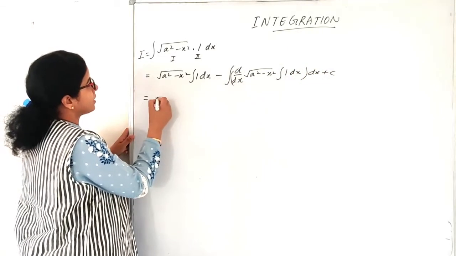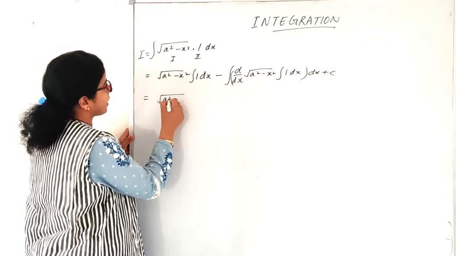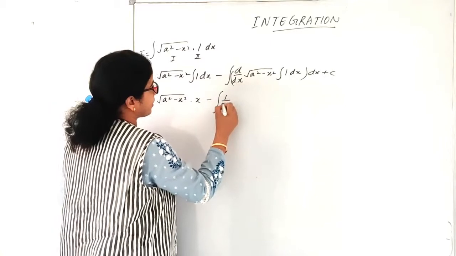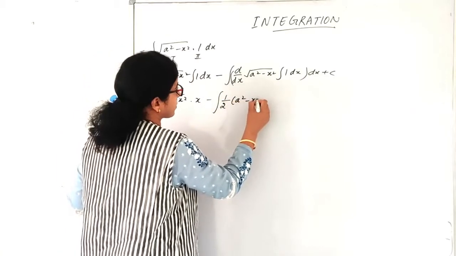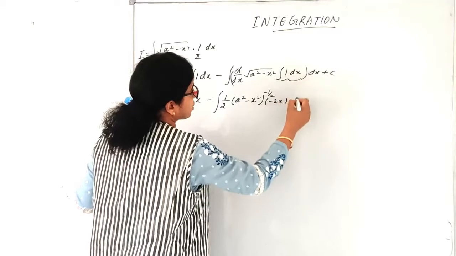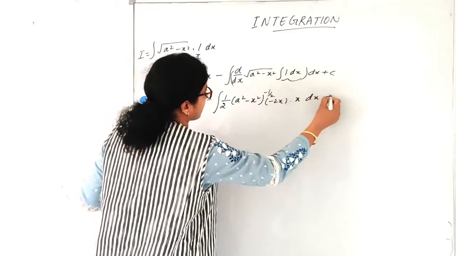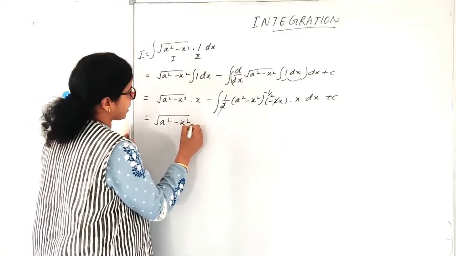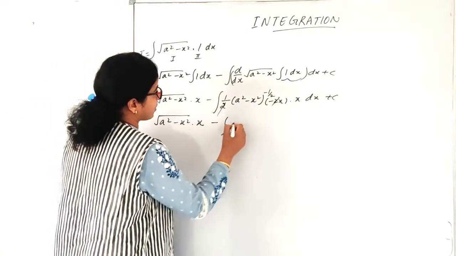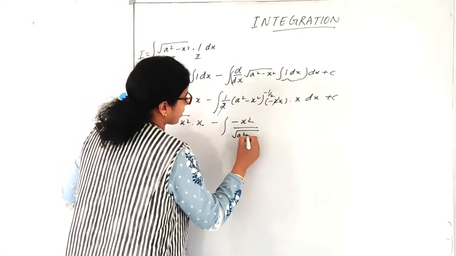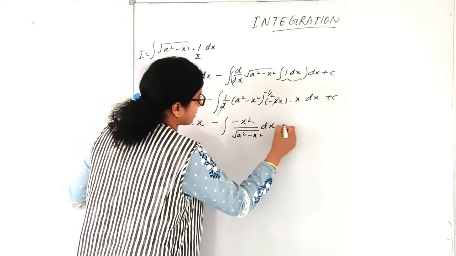Now this can be written as root a square minus x square into x minus. Now we have to differentiate, so 1 by 2 (a square minus x square) to the power minus half into minus 2x, integration of this x dx plus c. 2 gets cancelled. Root a square minus x square times x, minus, here I will get minus x square upon root a square minus x square dx plus c.